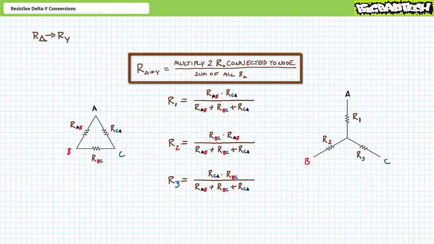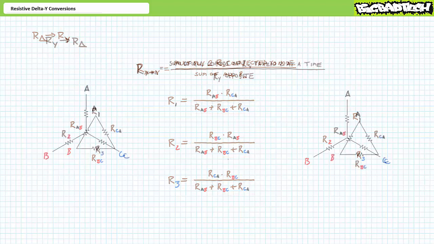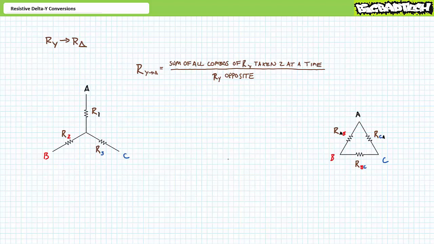To convert from a delta to a Y configuration, at each node, multiply the two delta resistance elements connected to that node, and then divide it by the sum of all three delta resistance elements. You will note that the denominator is the same for all three formulas. Only the numerator changes.